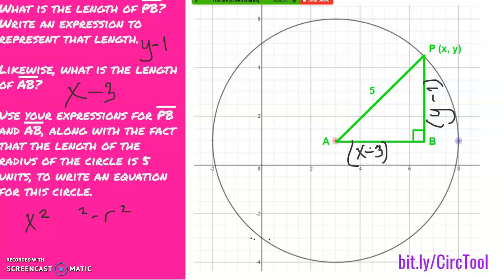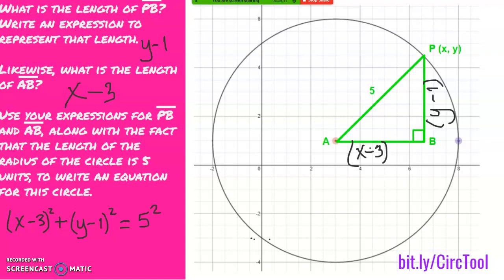So what's our equation of this circle going to look like? Well, I think it's going to look like this: x minus 3 squared, we're still using the Pythagorean theorem, right? Plus y minus 1 squared. So leg squared plus leg squared equals hypotenuse squared, which is the radius.